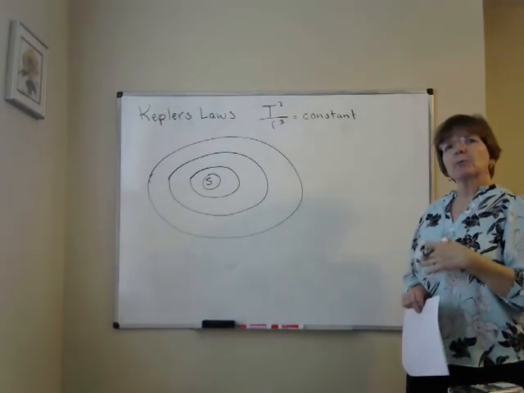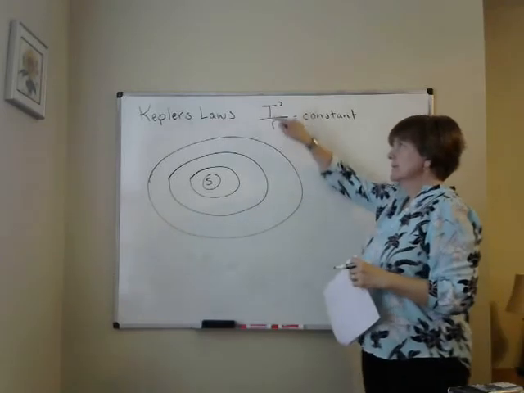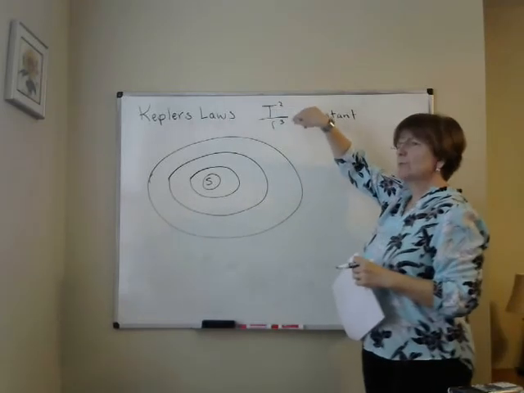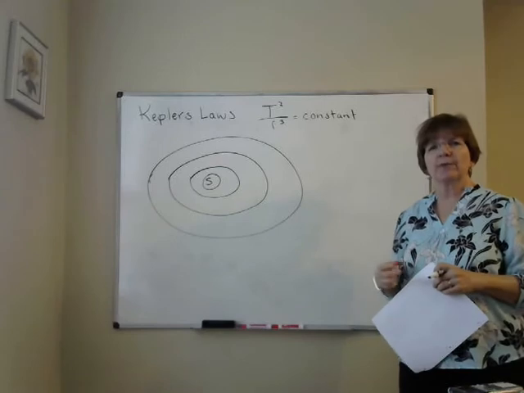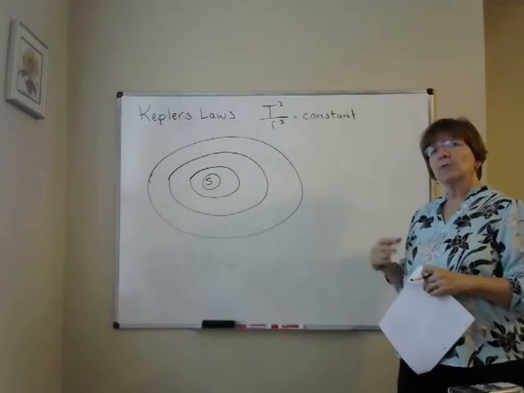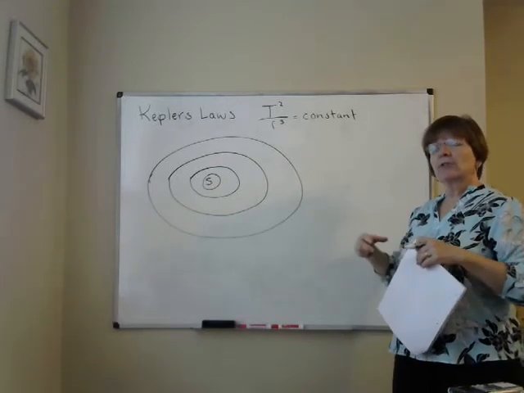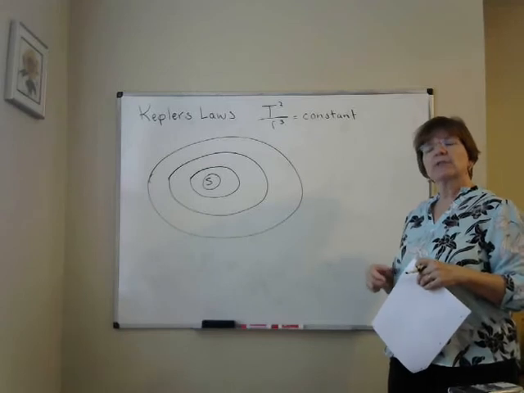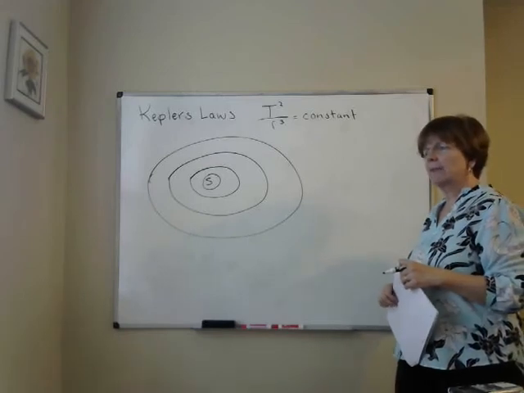But it's not a direct proportion, because the square of the period is actually directly related to the cube of the radius. But as the radius increases, so does the time it takes to lap the sun.